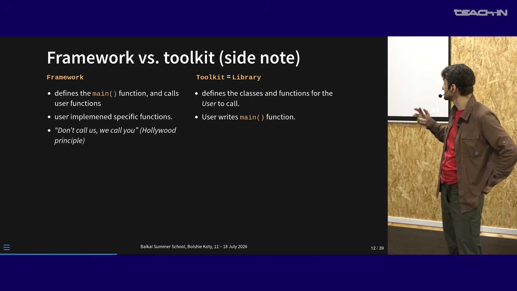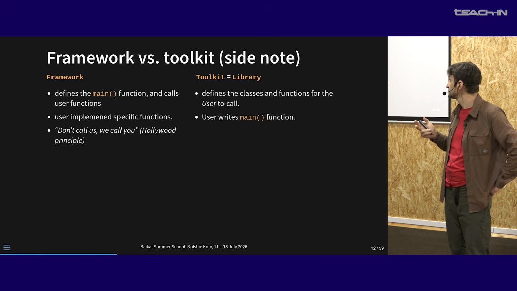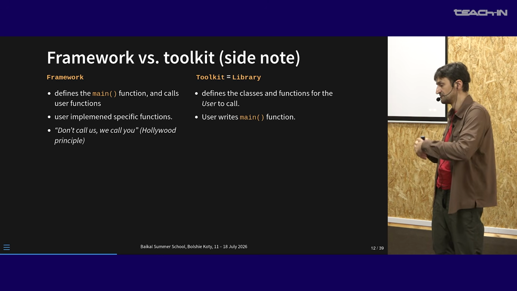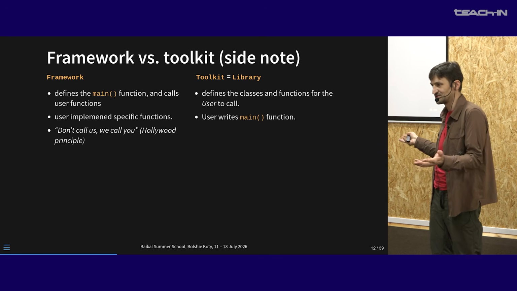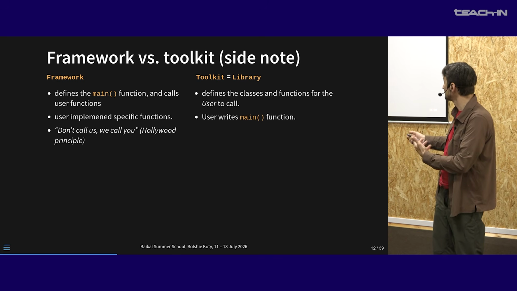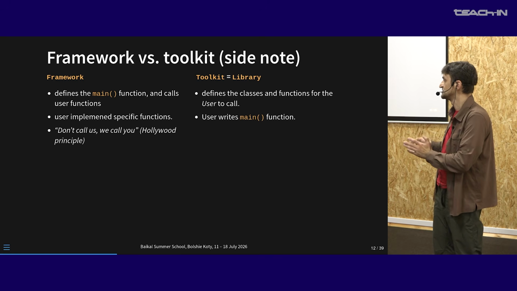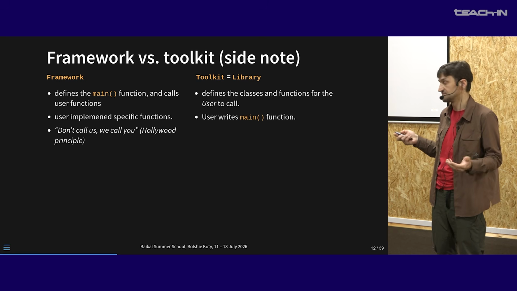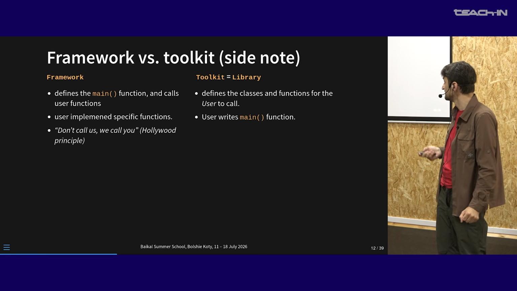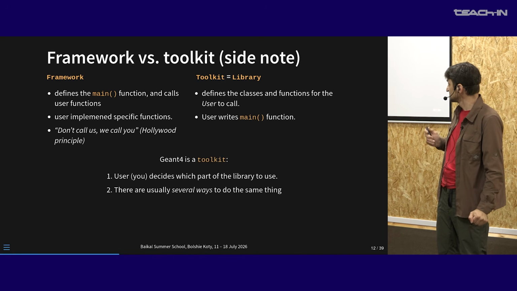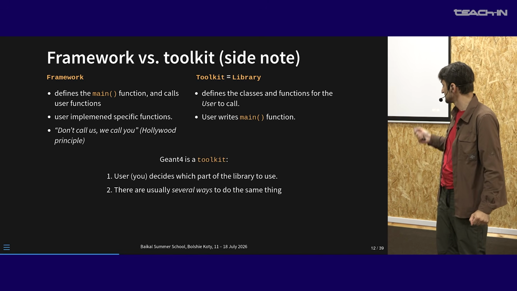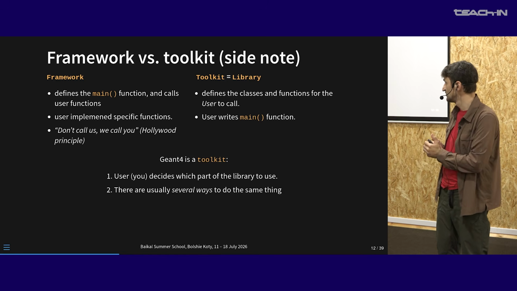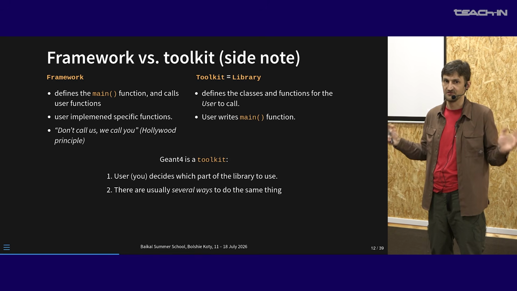It defines all the classes and functions which the user can call, but the user writes the main function, defines how it interacts with the outside world, and decides which part of the functionality should be taken. So for us as new users, it means that we decide which part of the library to use. We don't have to learn everything.